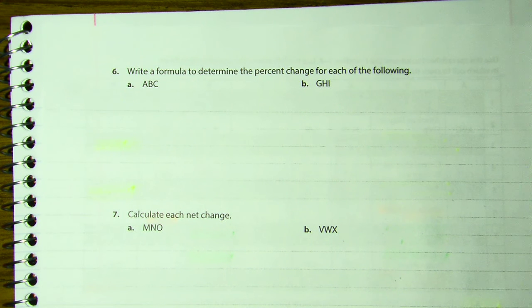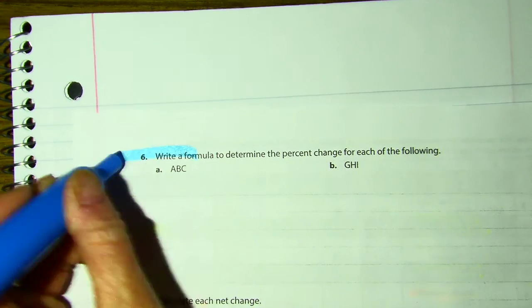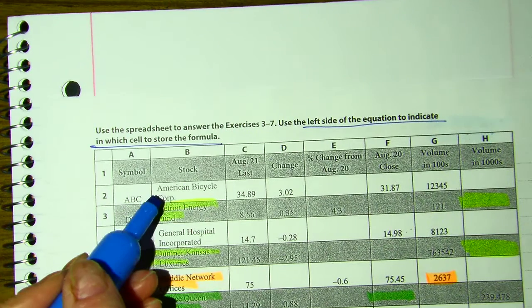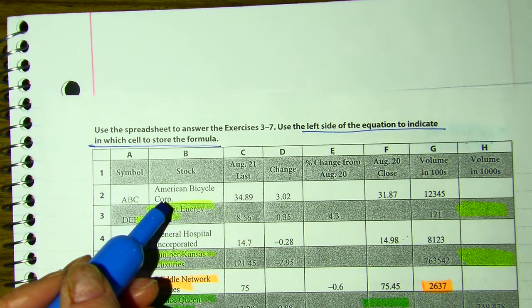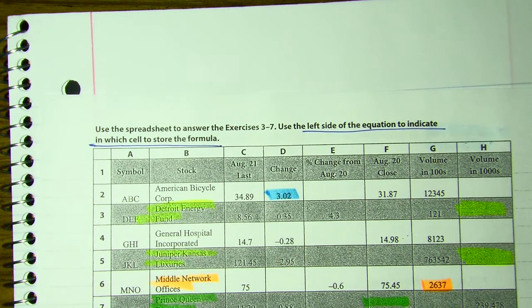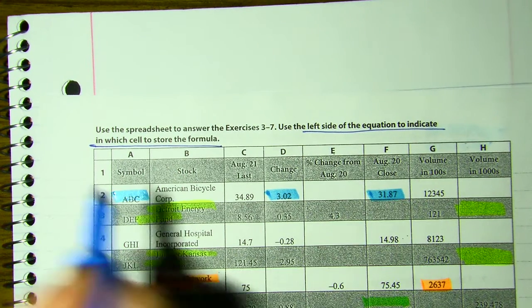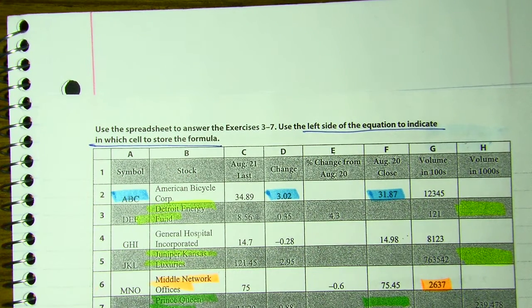So I have, write a formula to determine the percent change for each of the following. The percent change is going to be a little bit more complicated. Let's start with the ABC company. So here's ABC. I'm going to do the change divided by the close, and that will give me my percent change.